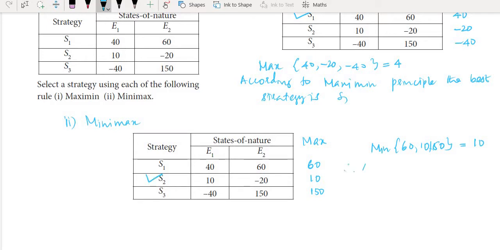Therefore according to the minimax principle, the best strategy is S2.